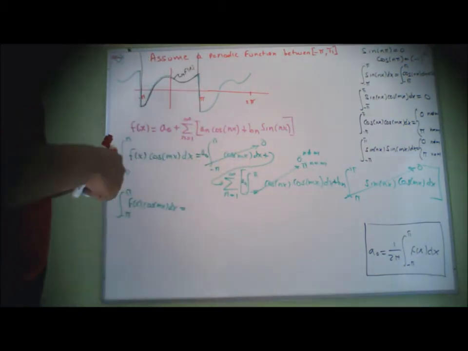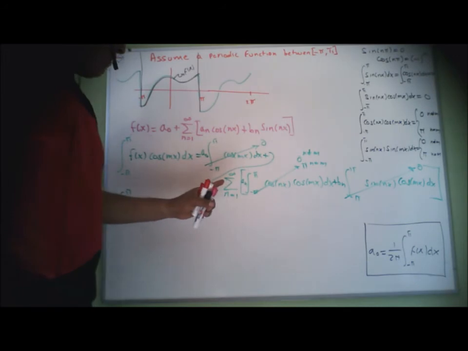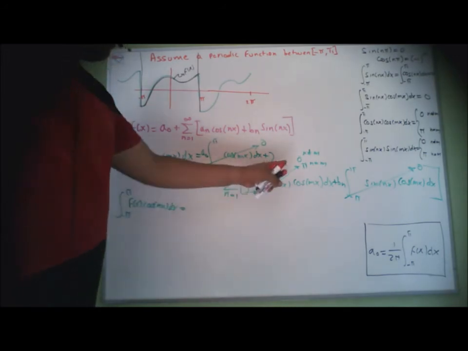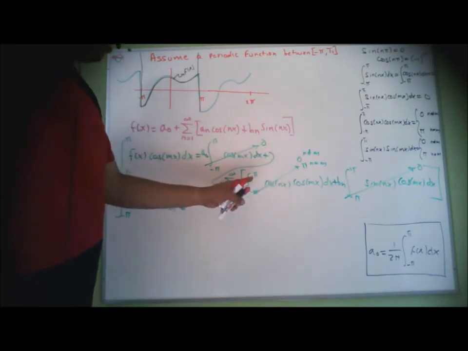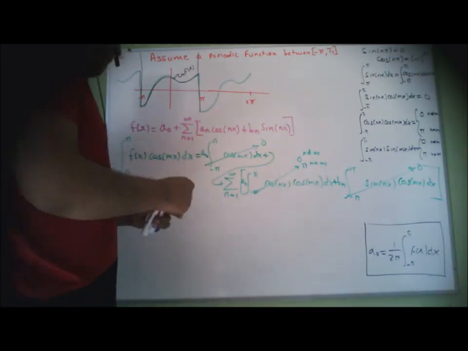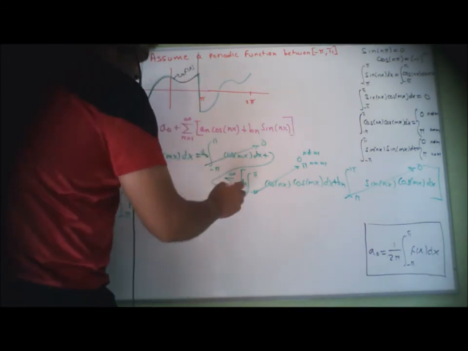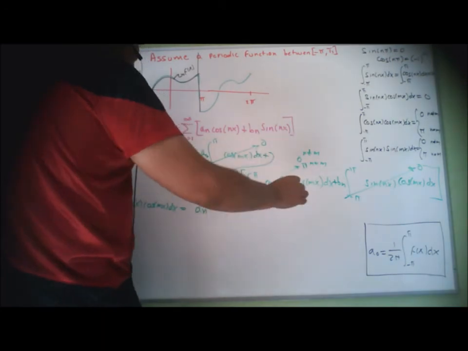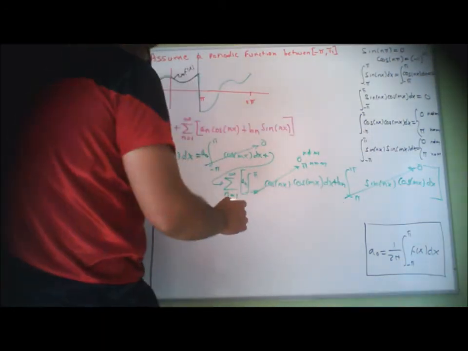Okay? Now, because we have a summation from n equal to 1 to infinite, all of them are going to be 0 except when n happens to be equal to m. So the integral of this is going to be pi when n is equal to m.